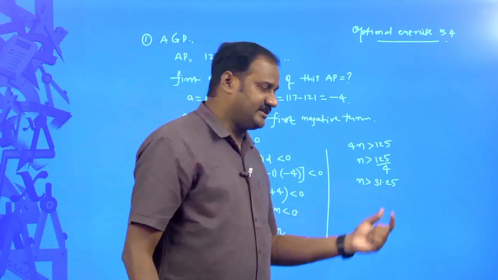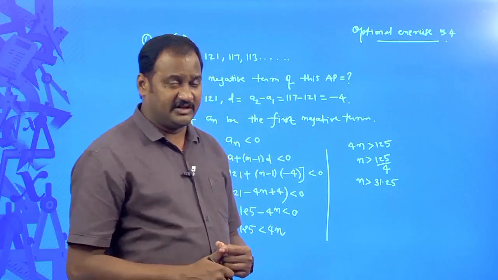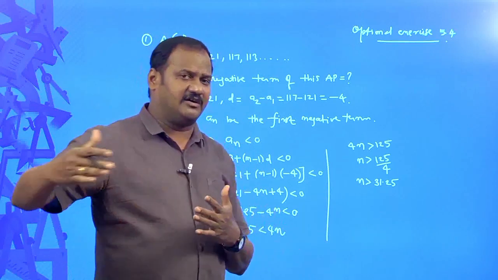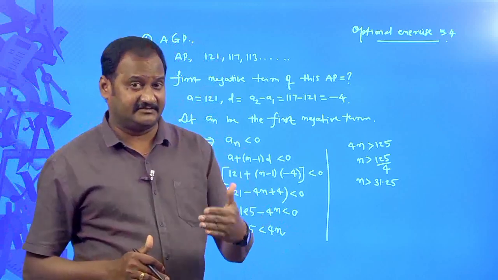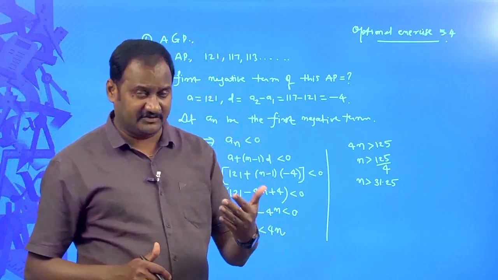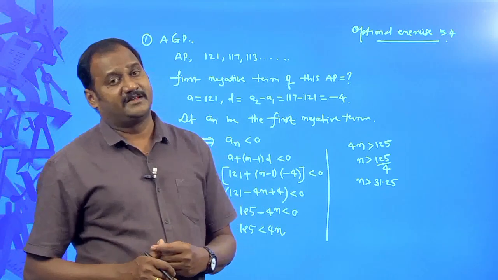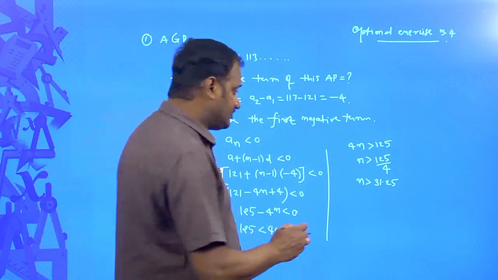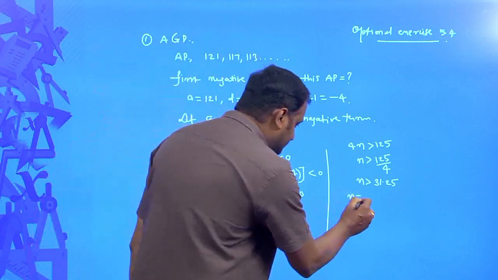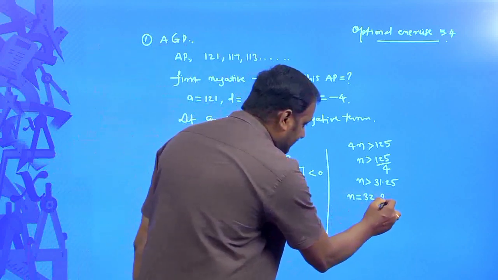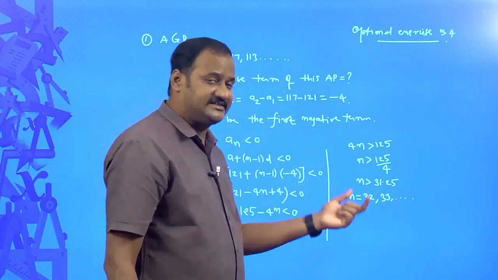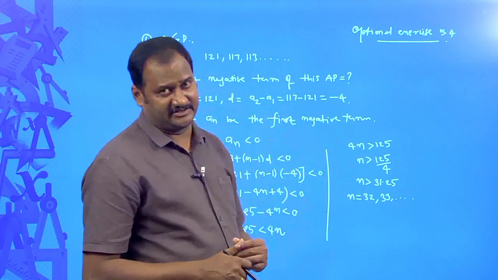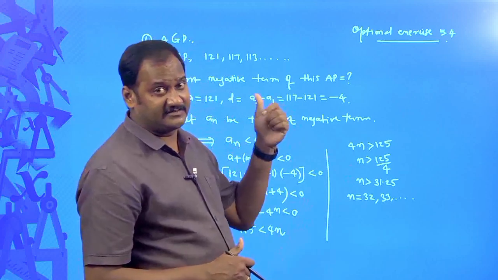So, n greater than 31.25 means from above 31, all the terms are negative: the 32nd term, 33rd term, 34th term, all these terms are negative. Therefore, n takes the values 32, 33 and so on. So, we can say that the 32nd term is the first negative term. Which term is the first negative term?